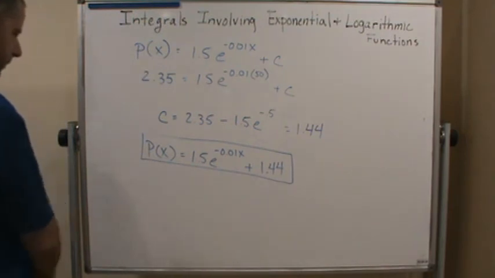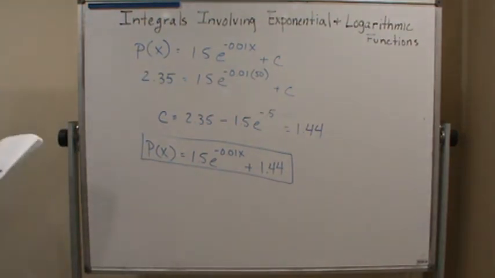So there it is. Now the next thing they ask is, what if they want to sell 100 tubes? So price affects demand, demand affects price. If they start selling 100 tubes per week at $2.35, I probably wouldn't change anything.